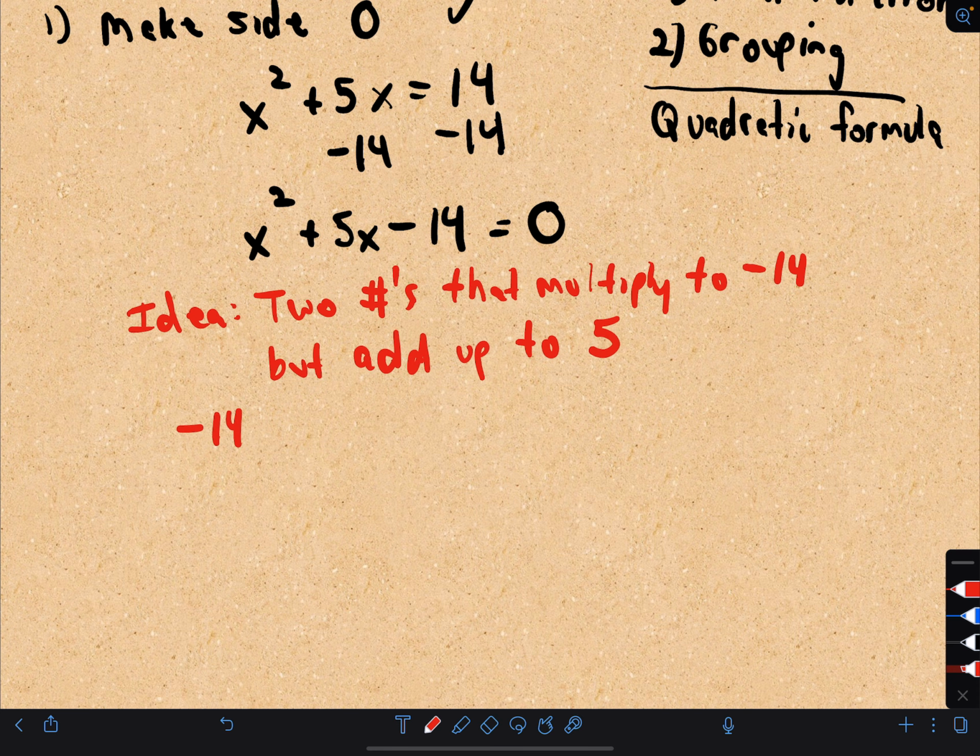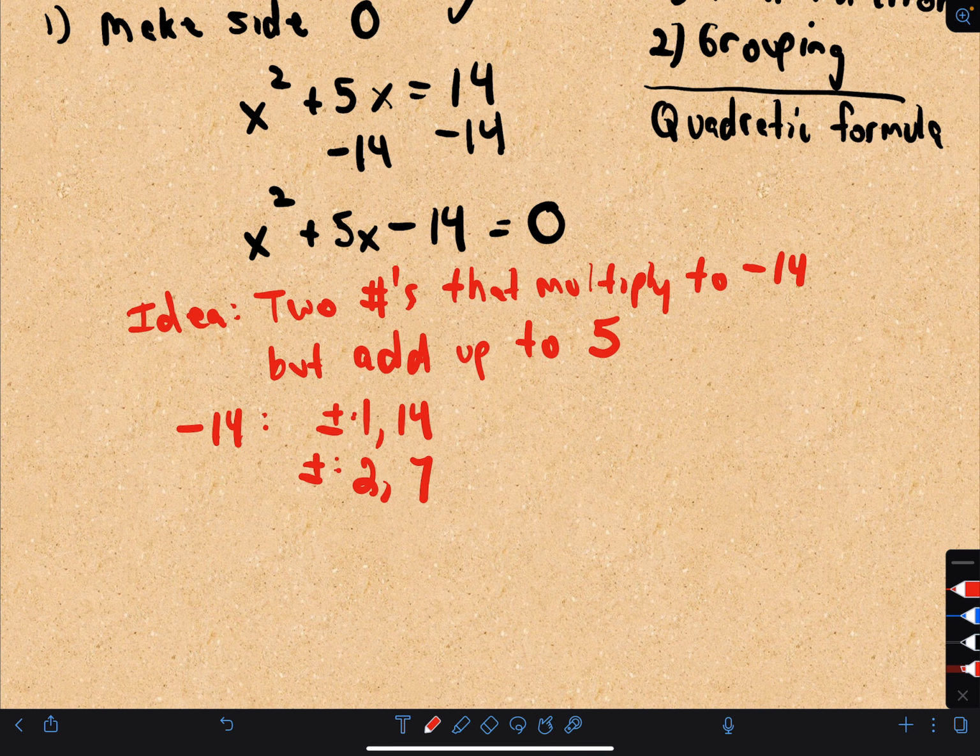Okay, so negative 14. Let's think about some numbers. I could use some combination of positive 1 and negative 1 and positive or negative 14. If we're going to multiply them, right, one has to be positive, one has to be negative. Then I think, well, what other numbers multiply to 14? Well, 2 and 7 would work. And again, one of those has to be positive, one of those has to be negative.